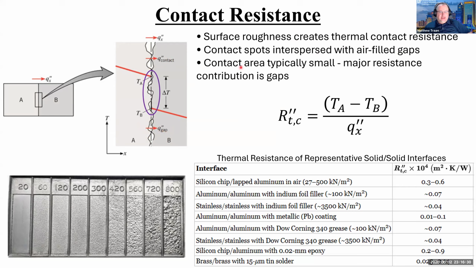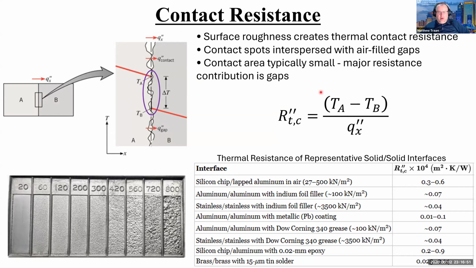The contact area is typically small, so the major resistance to heat transfer from A to B is contributed by the gaps. The bigger the gaps, the more air you have in there, and the bigger this contact resistance gets.